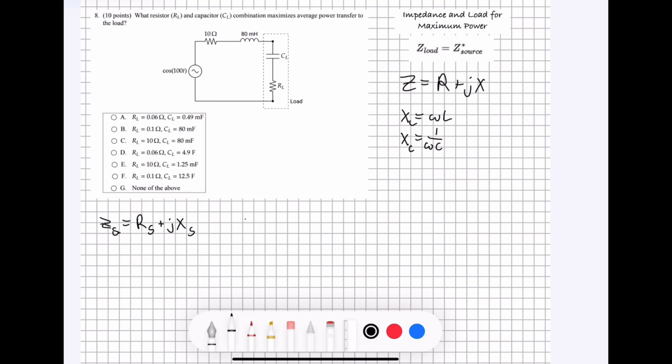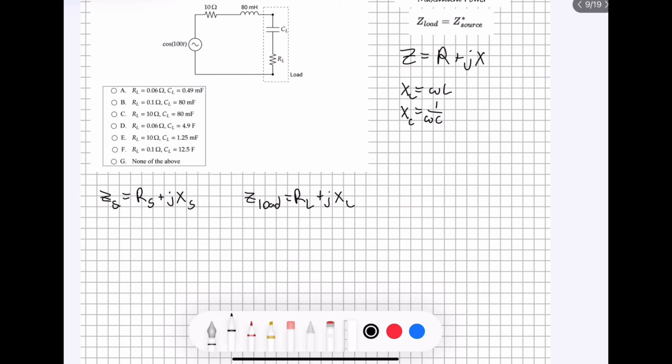We also know that the impedance of the load is going to be equal to the resistance of the load plus J times the reactance of the load. So if we want to find the reciprocal of the source, a reciprocal is going to be the exact same, but instead of an addition sign right here, we're going to have a negative sign.